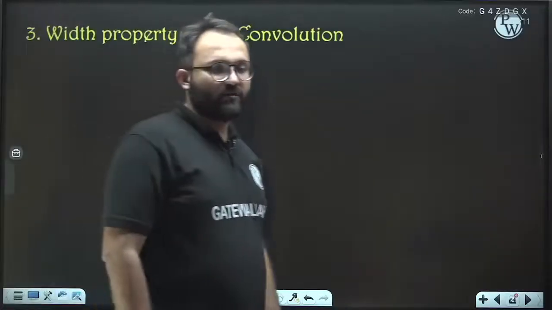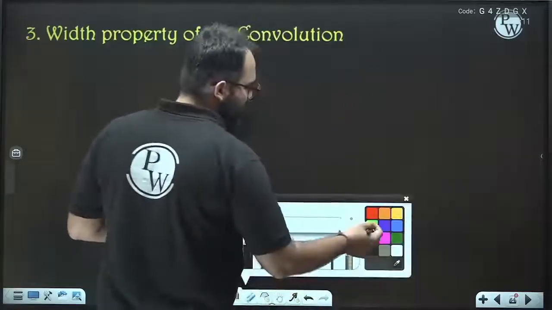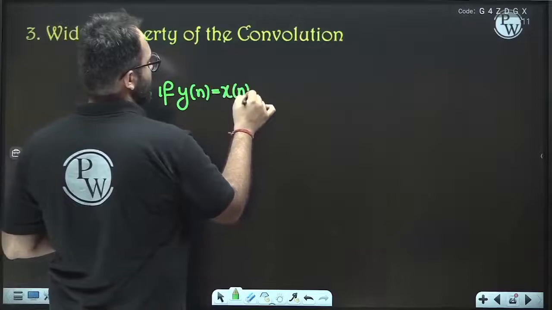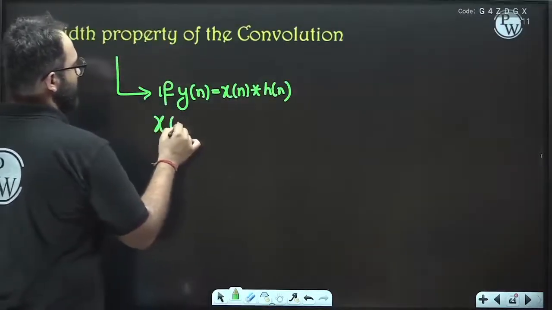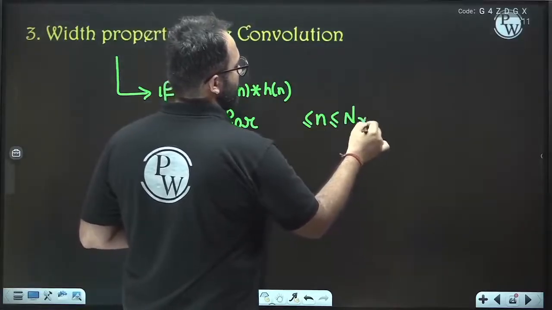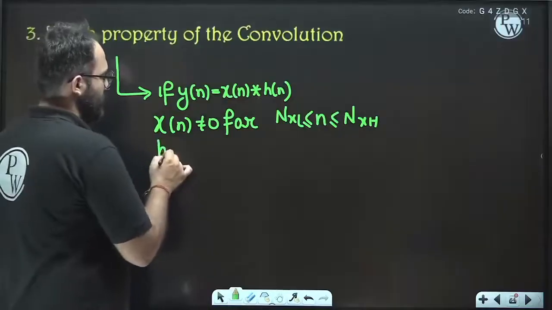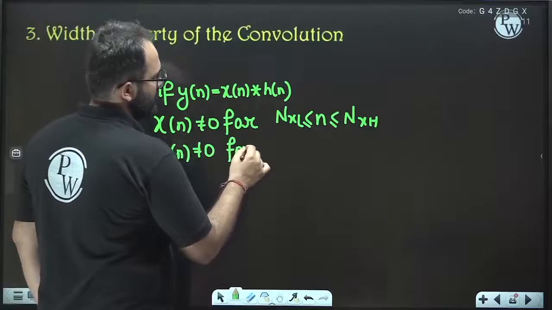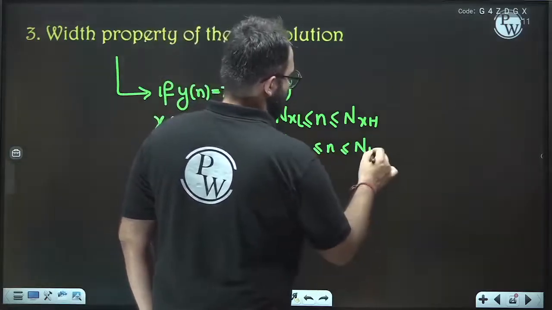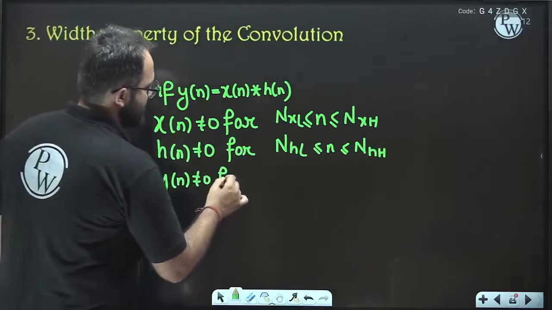Now let's move on to the width property of the convolution. This is also exactly the same as in the continuous time domain case. What is the property? If y[n] is equal to x[n] convolve h[n], and x[n] is non-zero for the time range from a lower limit to an upper limit, and h[n] is non-zero for the time range from its lower limit to its upper limit, then y[n] will be non-zero for the time range from the addition of the lower limits till the addition of the upper limits.